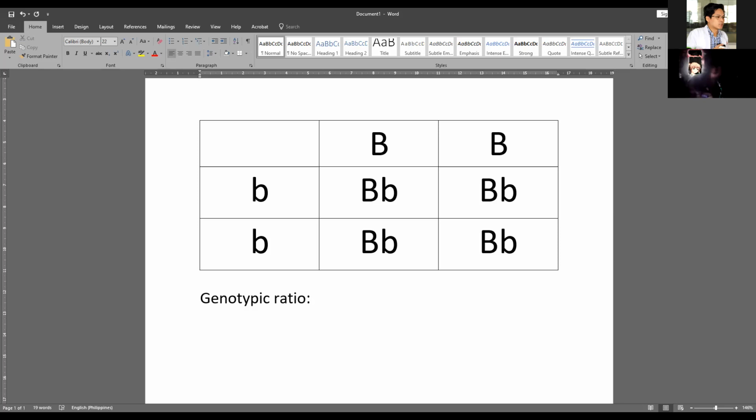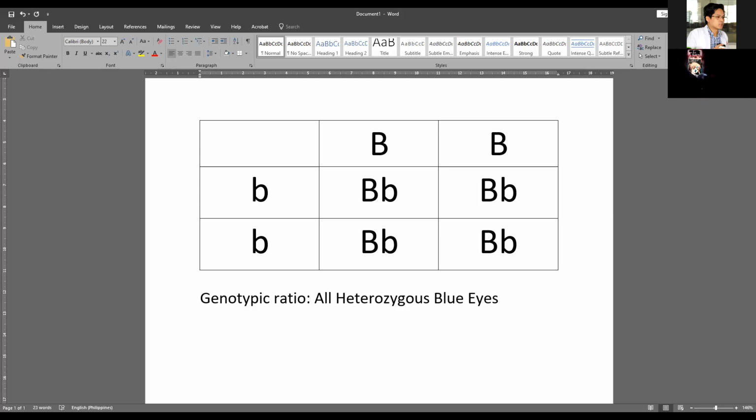Since they are all heterozygous blue eyes, all you have to do is put all heterozygous blue eyes.